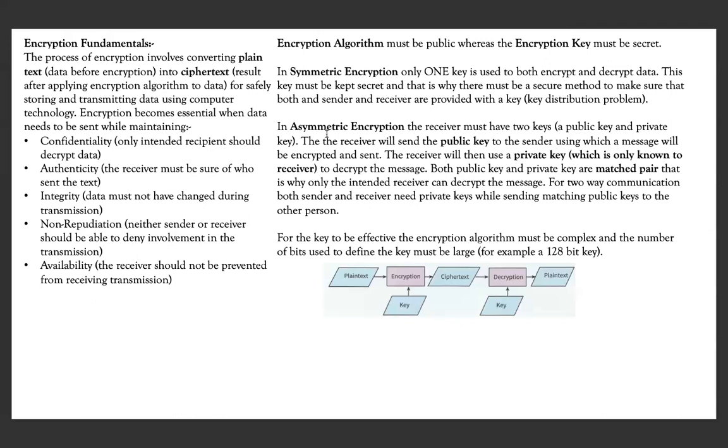Now, one of the methods of solving the key distribution problem in symmetric encryption is that instead of sending the message collectively, I simply send the key, only the key. I encrypt the key, just the key, using asymmetric encryption and transfer it to my intended recipient. Since we know that asymmetric encryption is very secure, using that secure method, my intended recipient will eventually have the same key that I have.